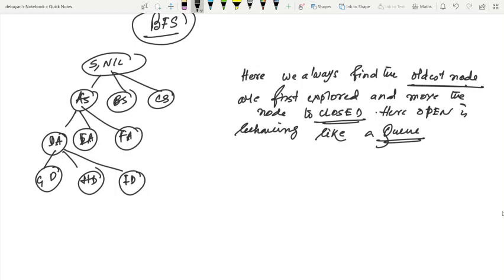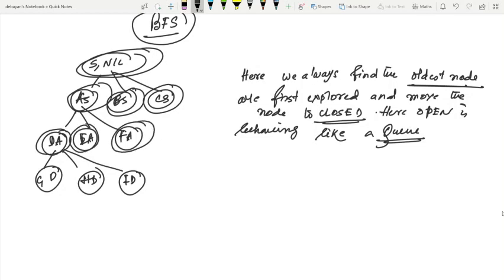So in that particular case it will be explored like that. First this node is explored, then this, then this, then this. It will be explored level wise.